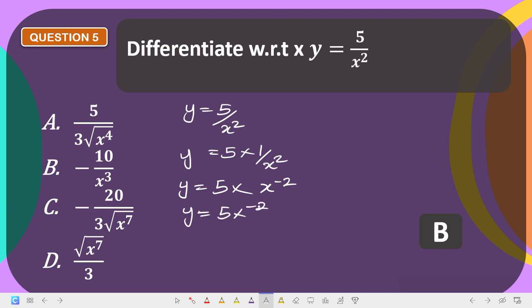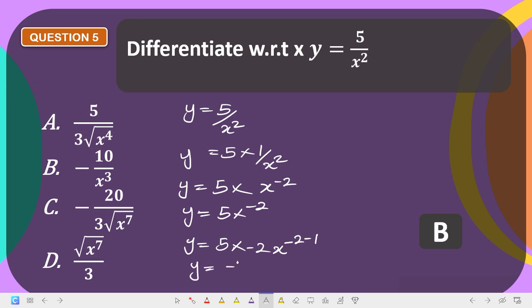Now, if you want to differentiate, you use the minus 2 to multiply what you have here. So dy/ds is equal to what? Minus 2 times 5 is what? So we have 5 times minus 2, s raised to the power of minus 2 minus 1, because in differentiation, if you use this to multiply, you subtract 1 from the power.